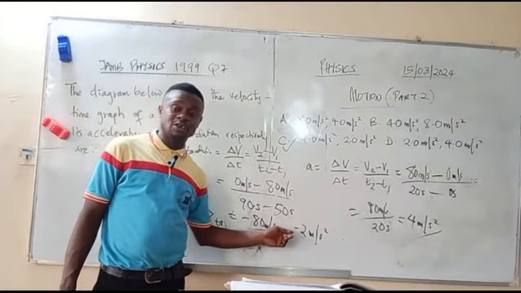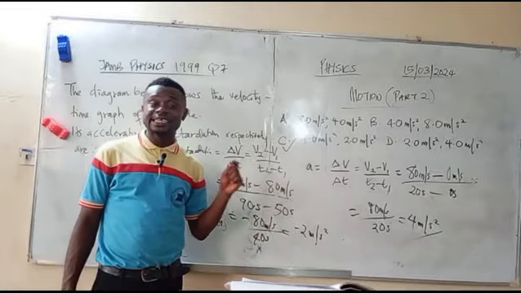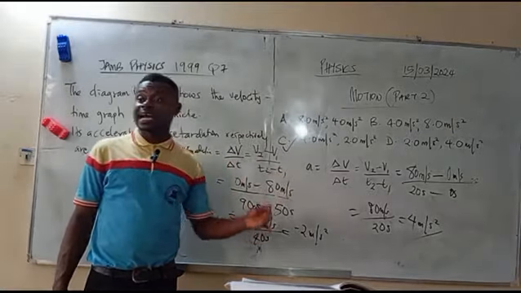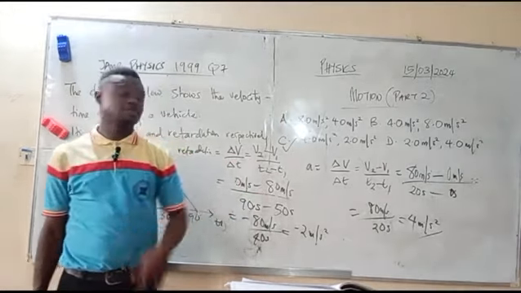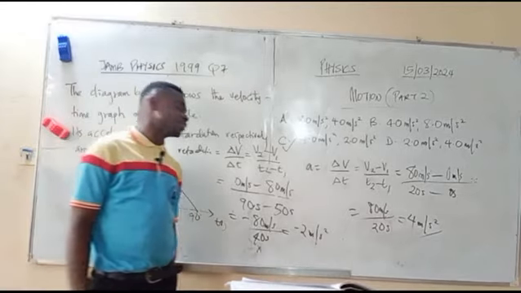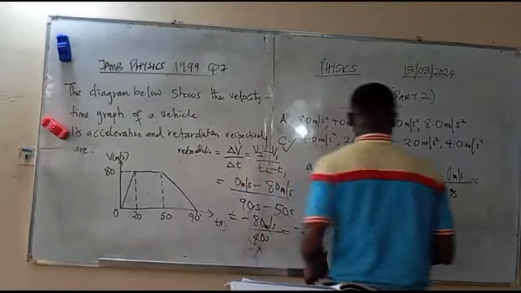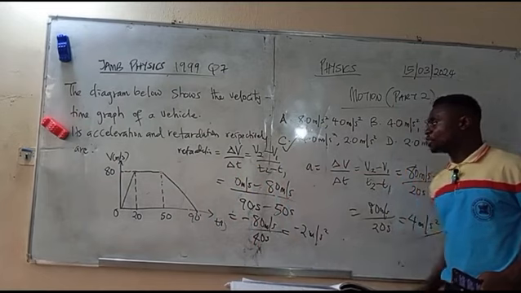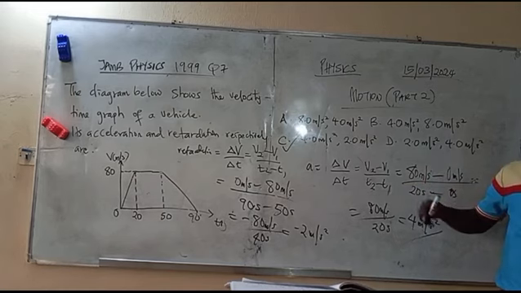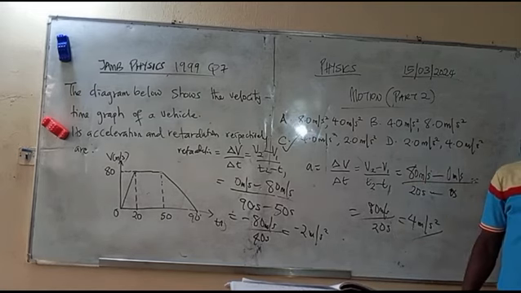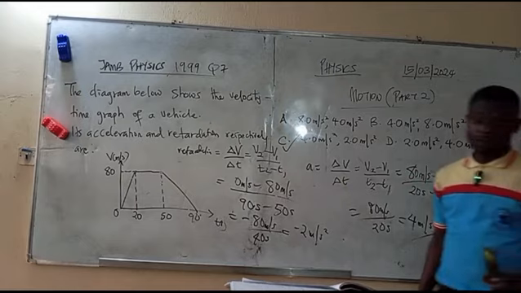This minus indicates retardation, negative acceleration. Are we together? So the answer is C, which is 4.0 meters per second squared for acceleration, and 2.0 meters per second squared for retardation. Any quick question?